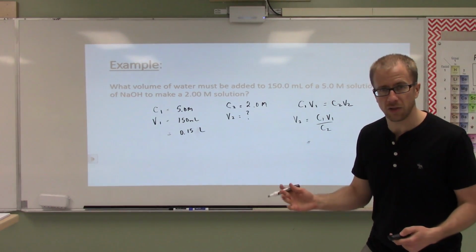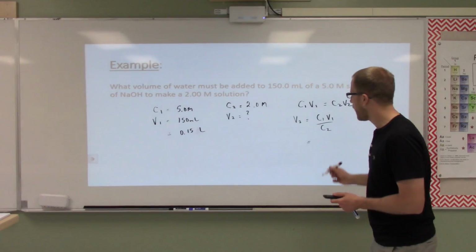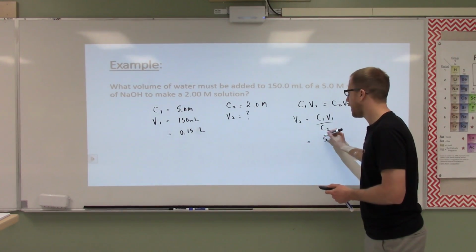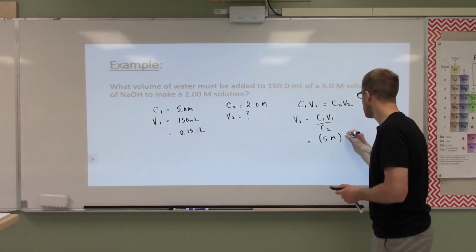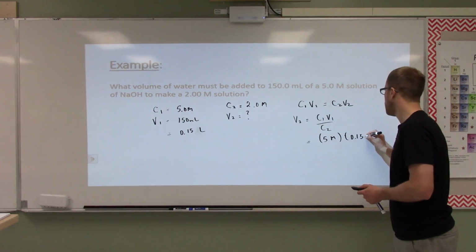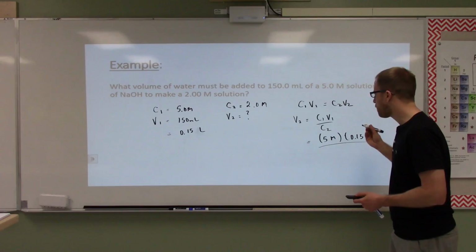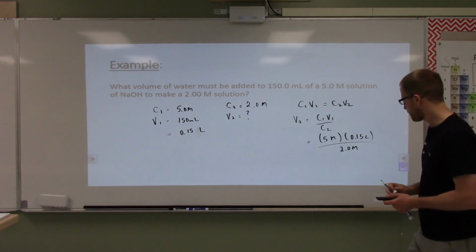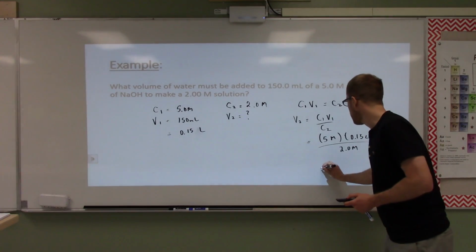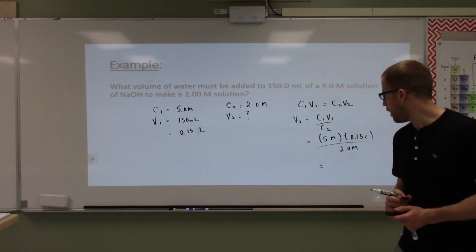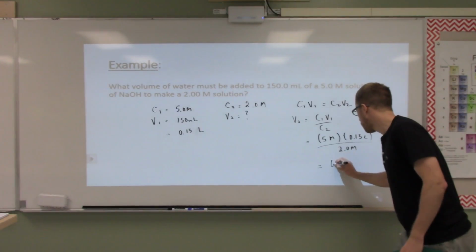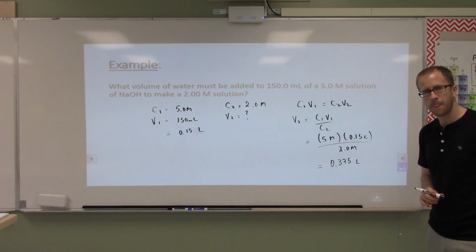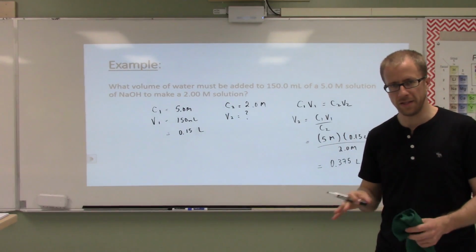It would still be milliliters, right? So here we have C1V1 over C2. This is 5 molar times 0.15 liters over C2, which is 2.0 molar. And this gives us a final volume of 0.375 liters.